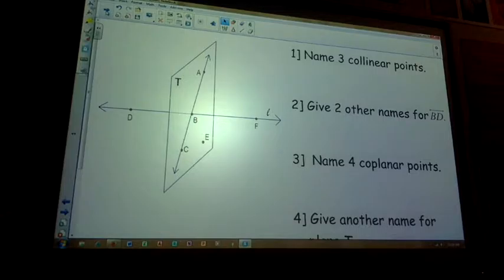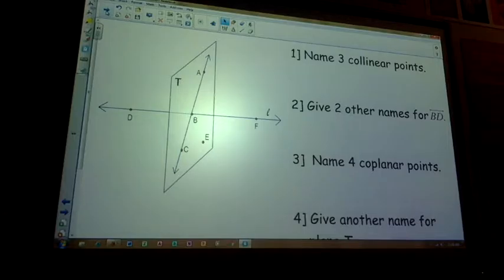Collinear points will be on the same plane at some point, but they don't have to lie on the defined point. So think of the plane as the tissue and the pencil. Let's put 3 points on the pencil. One of them could be the middle where the plane intersects. The rest, the tip, don't have to lie on the tissue.